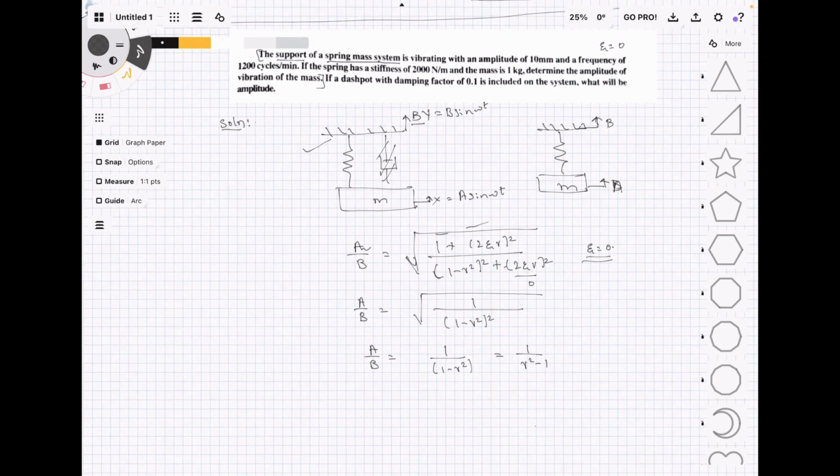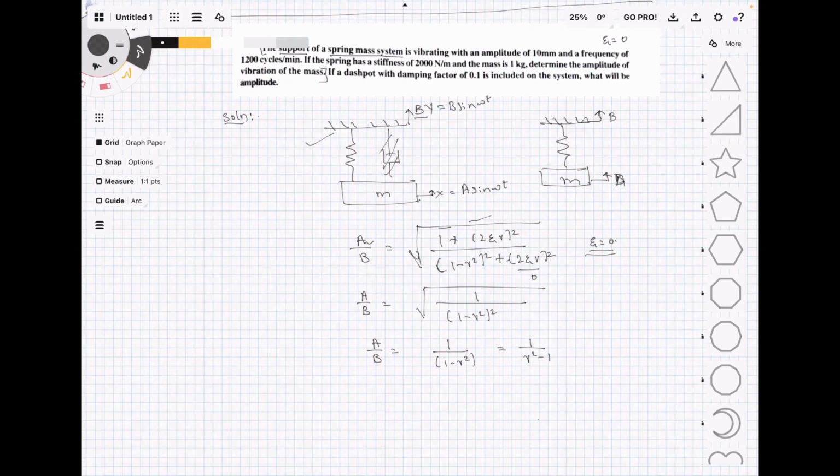So what are the data they have given? They have given m equal to 1 kg, k as 2000 Newton per meter, and the frequency of this base, f equal to 1200 cycles per minute.